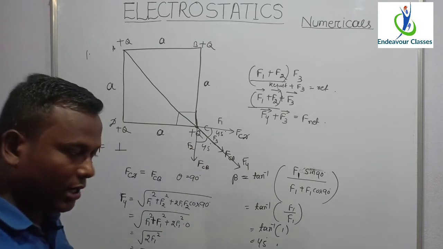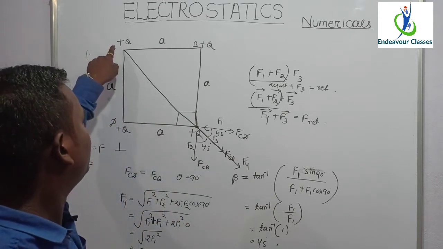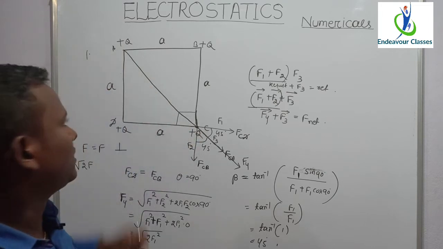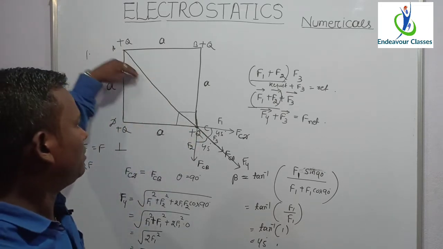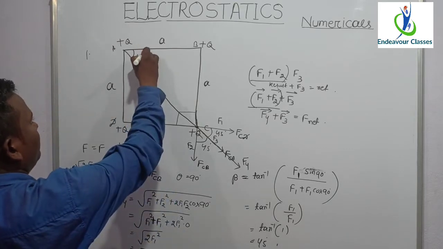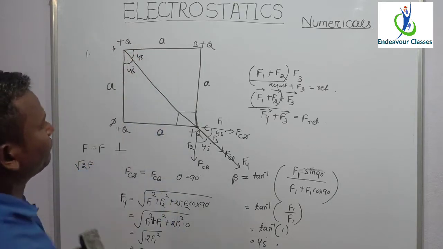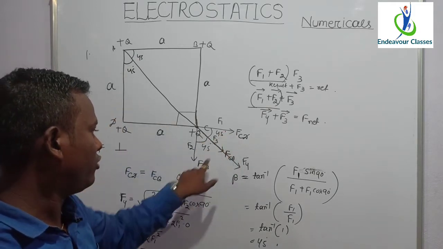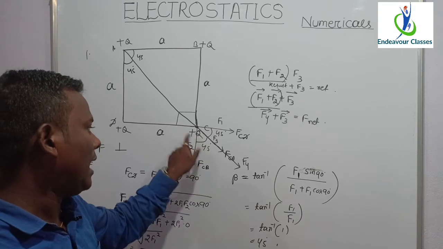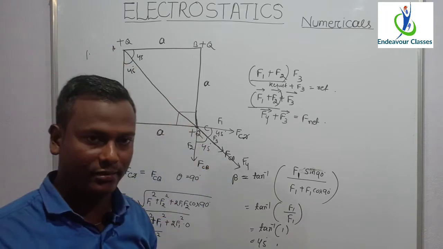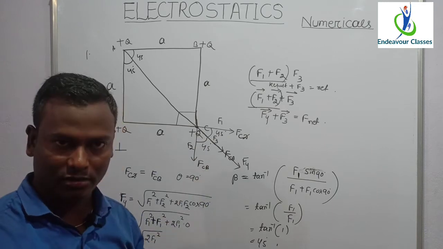But already we know that the force between the charged particle located at C and the charged particle located at A will be along the same line. It is also making an angle of 45 degree. So the F4, that means the resultant of F1 and F2, and the FCA are along the same line, so they are parallel vectors.